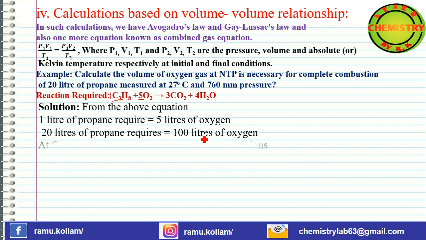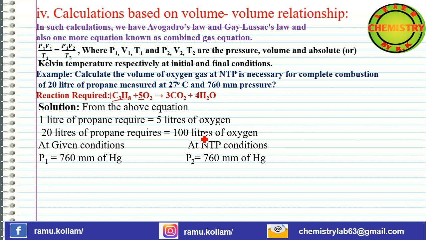But based on the conditions we need to find out. Normally we get this, but they have given some conditions. Which condition do we have to find out? At normal temperature and pressure, how much oxygen is required. Here the given condition, that means initial pressure P1, is 760 mm of Hg, and the normal condition is 760 mm of Hg only.